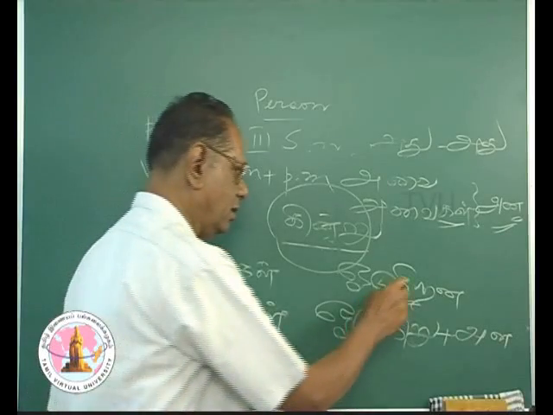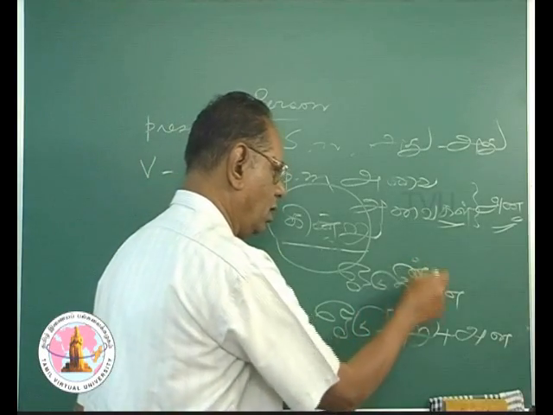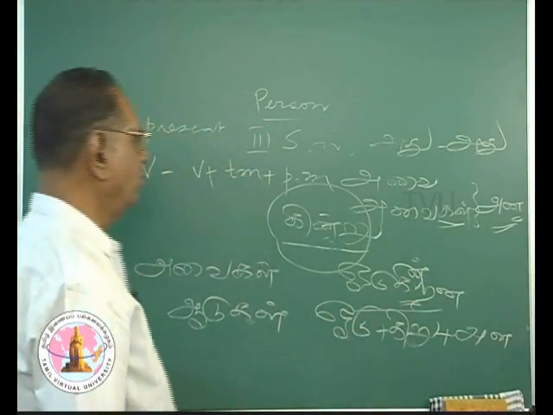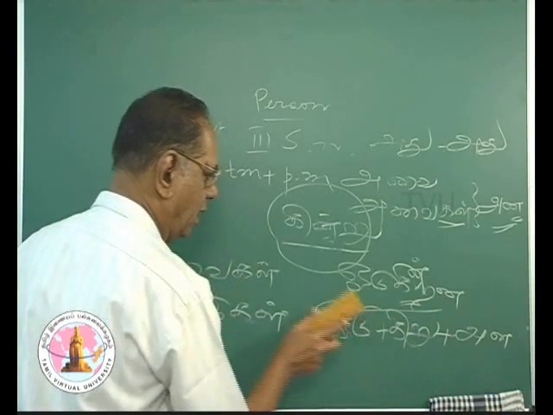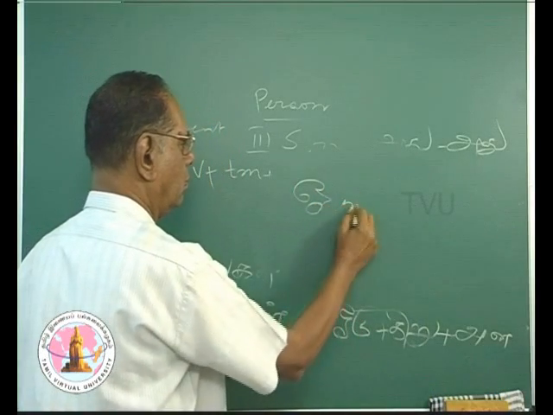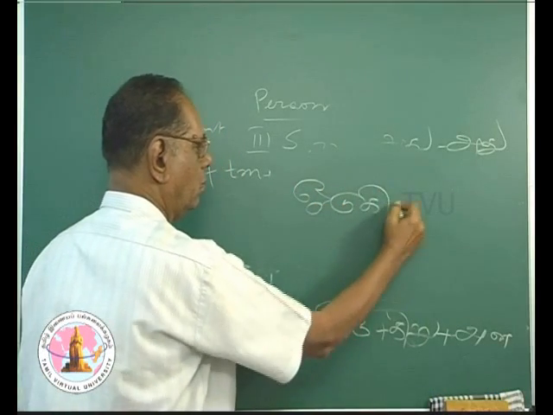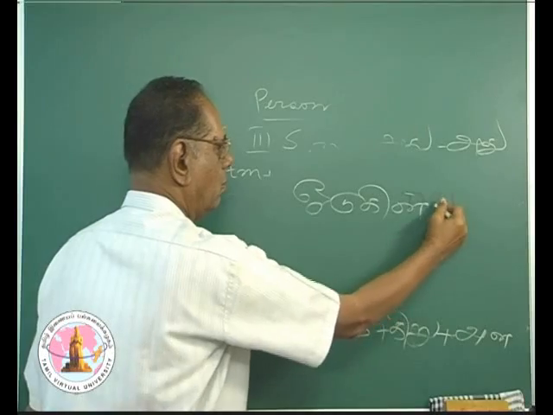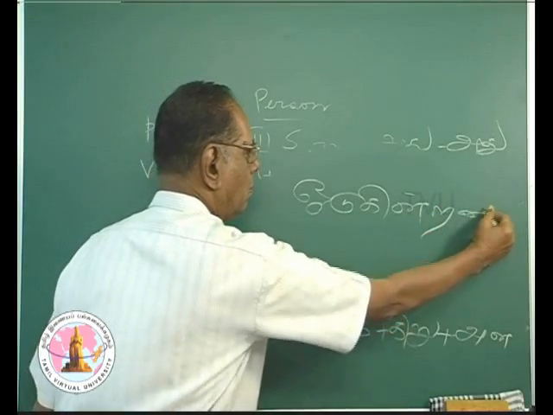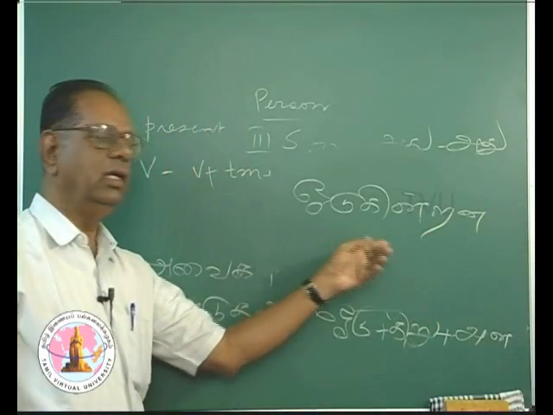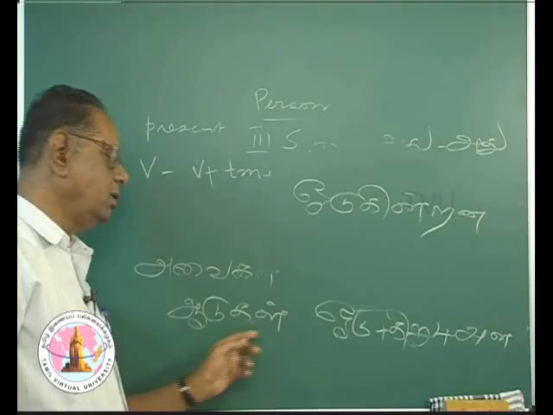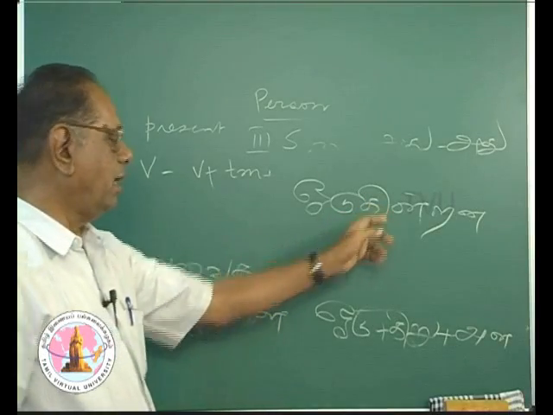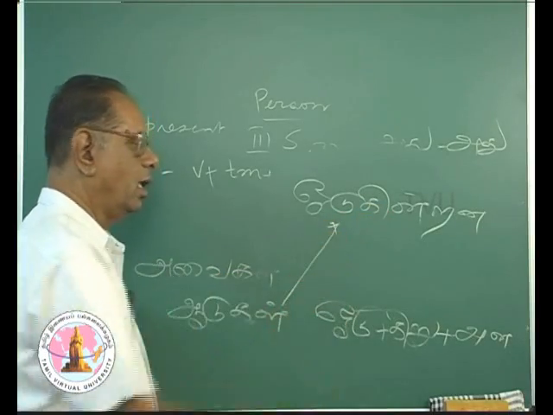So you add kindru instead of kiru and it becomes odugindrana. ஆடுகள் ஓடுகின்றன. The goats run.